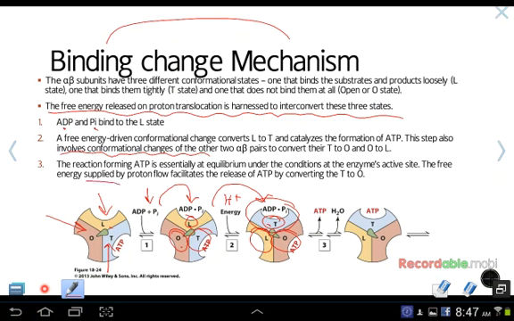The free energy supplied by proton flow facilitates the release of ATP by converting the T to the O state. So as we enter into the O state, ATP is released, and as more protons are pumped, we can then reconvert the other alpha-beta pairs. So we go from the T to the L to T to O to release another molecule of ATP.